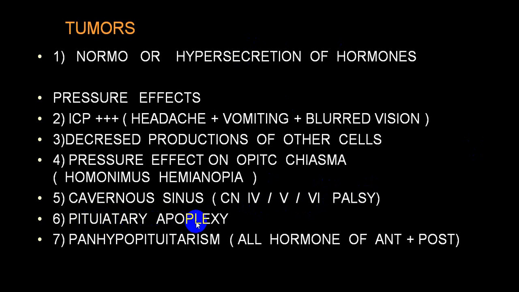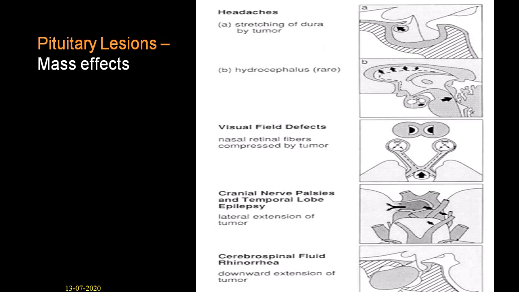You can get pituitary apoplexy, and if all the hormone production decreases, you can get panhypopituitarism. If it is a non-secreting tumor compressing the rest of the secreting cells of the pituitary gland, then you will have panhypopituitarism. All pituitary hormones of anterior as well as posterior pituitary can be affected. These are the different findings you can come across in a person with a tumor.